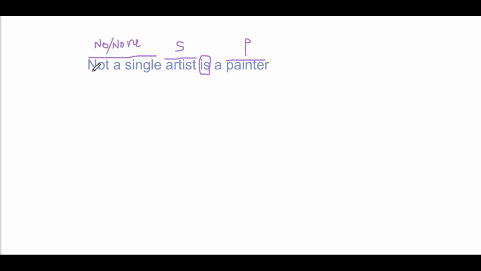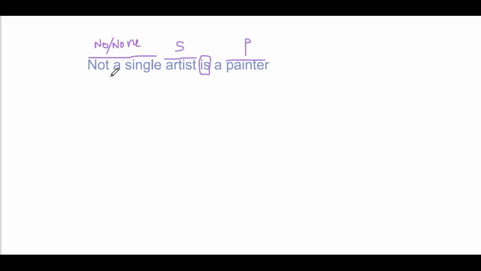So these are all substitute words. I've created a separate video for substitute words. You can find the link above. I'll try to put the link. I'm not sure if I'll get the time, but do check out. You can go through the playlist and go to the substitute words for propositions. Not a single means none, no one, no, and so on.